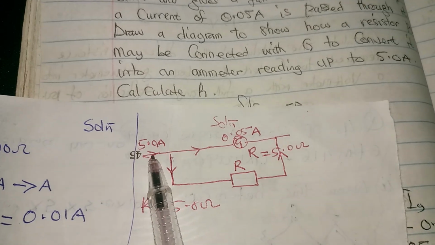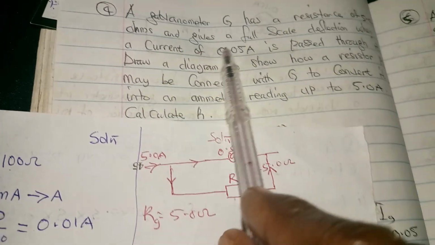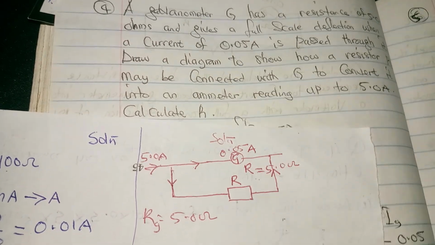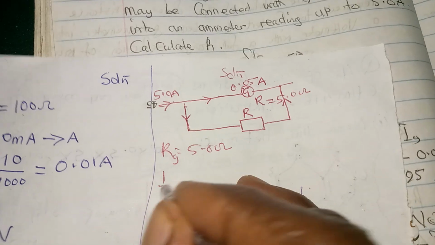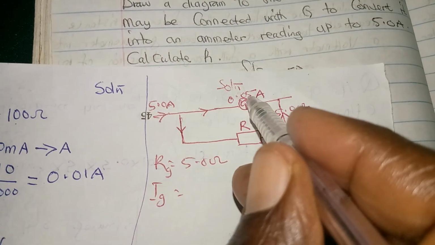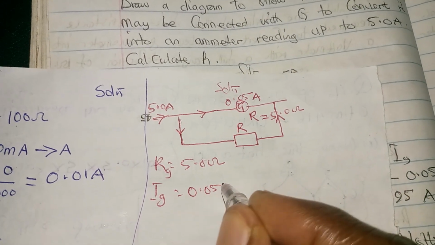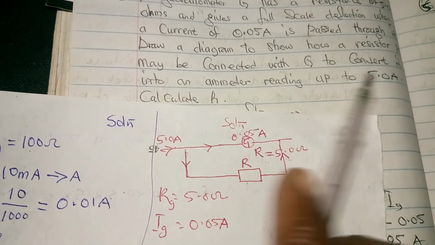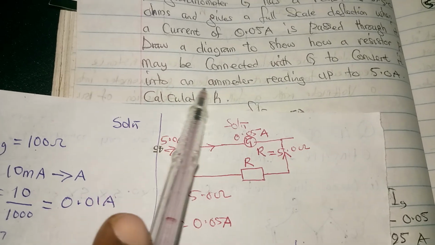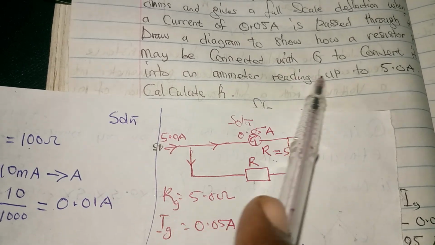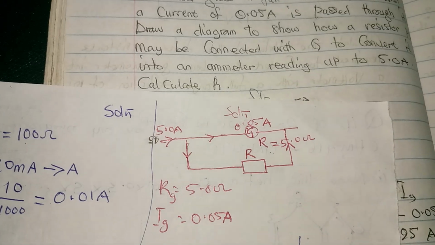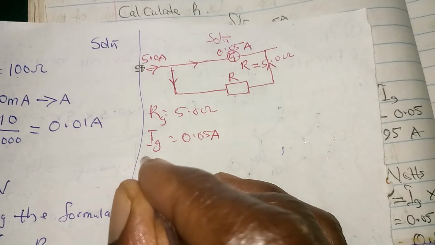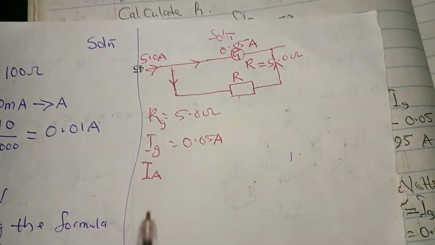You have been given that it gives a full-scale deflection when a current of 0.05 ampere passes, so the current of the galvanometer is 0.05 ampere. And you have been given the ammeter reading, which is current.